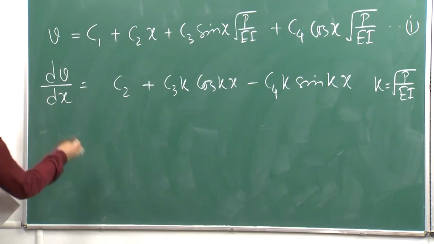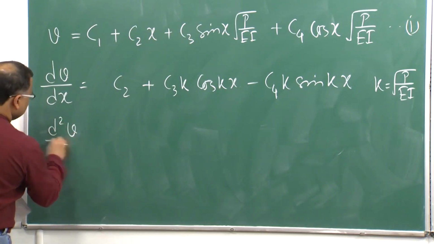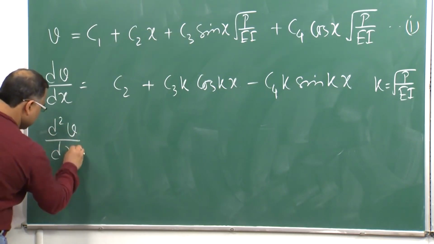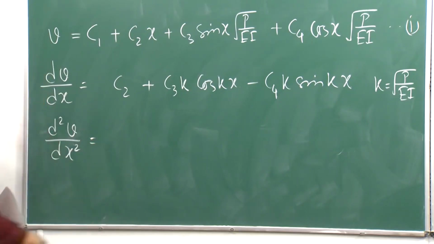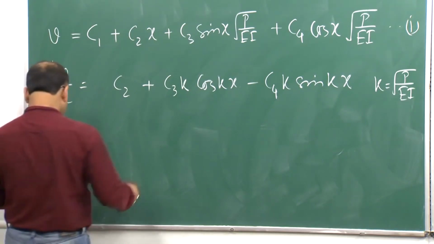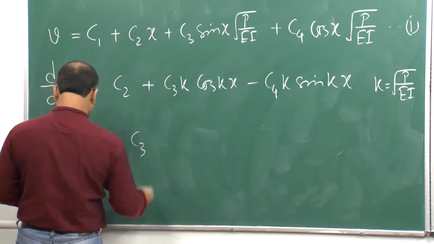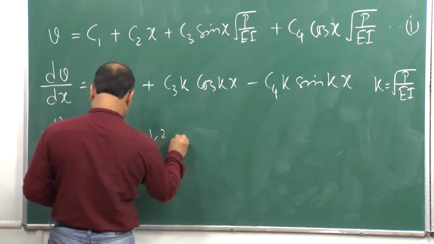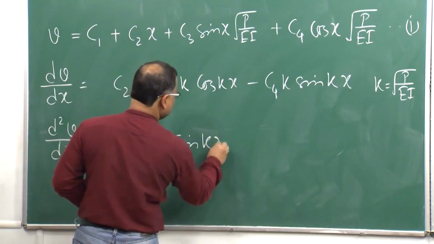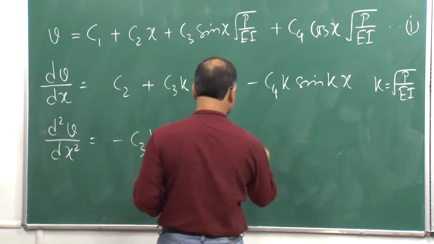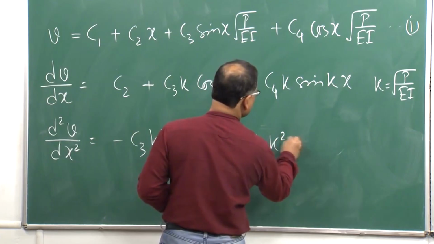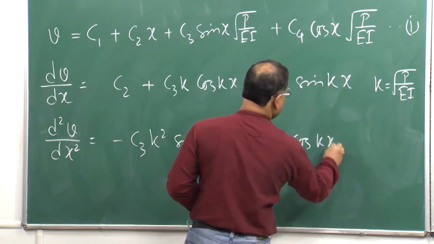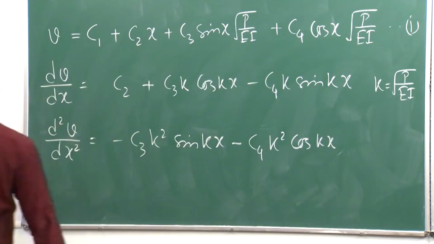We can also find d2v/dx2, for a purpose I will come to right now. That is minus C3 k square sin kx minus C4 k square cos kx.